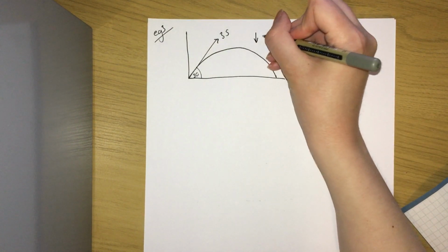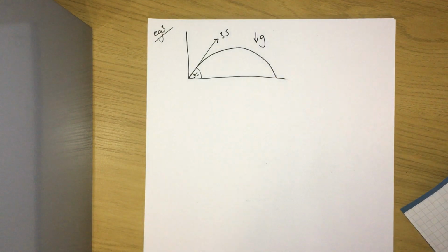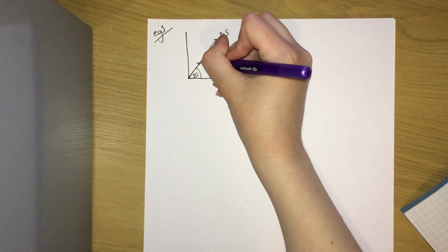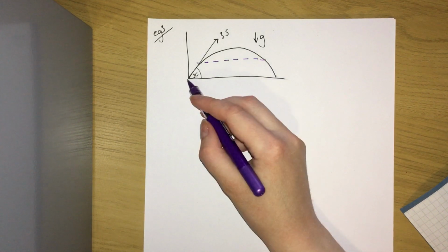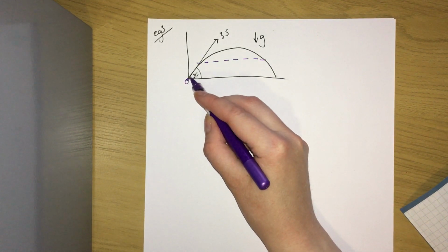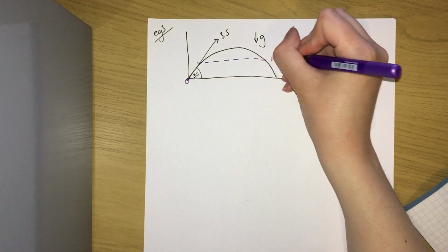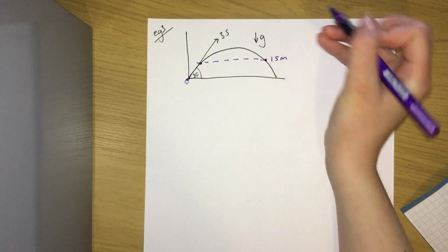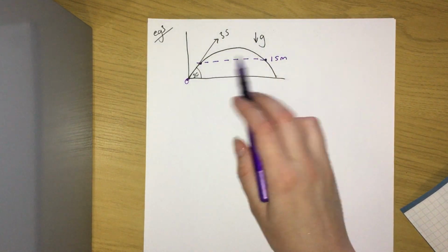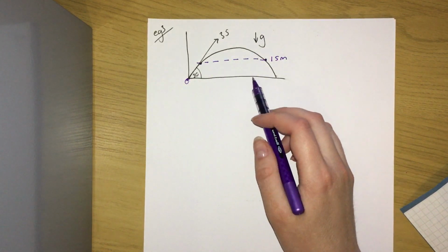Particle moves freely under gravity. Find the length of time for which the particle is 15 metres or more above O. So O is here, but obviously we're talking about O in terms of the horizontal plane. So we want to know the length of time it's between these points, which means we need to solve at what point it actually reaches 15 metres.